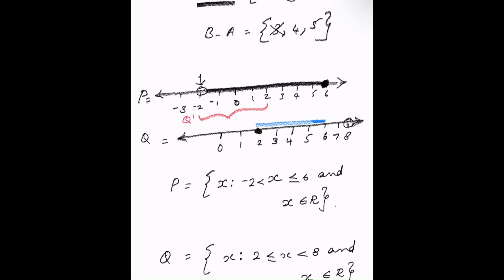Now, what I need to calculate is intersection of P and Q dash. What would be intersection of P and Q dash? Obviously, it's going to be -2 to +2, right? But 2 would be not included because in Q, 2 is included. So when I draw P intersection Q dash, I will not include 2.